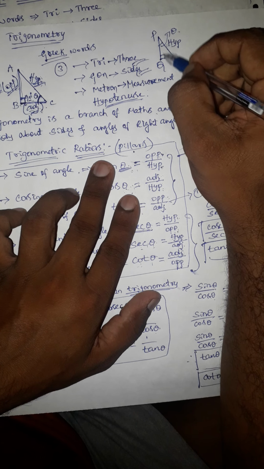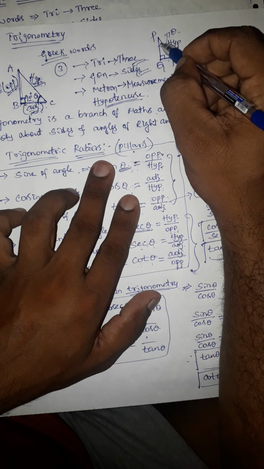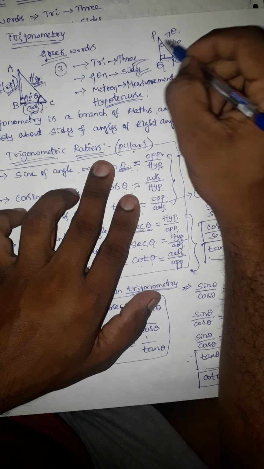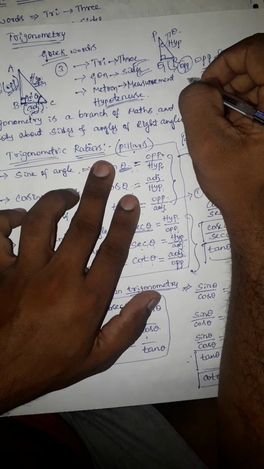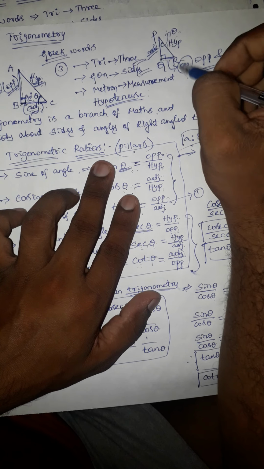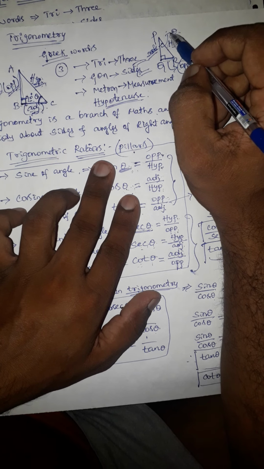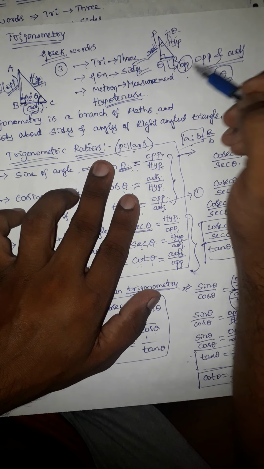So the opposite side to the reference angle is the opposite side, and the remaining one is adjacent. These three sides are very important. Understand? I hope all understand.